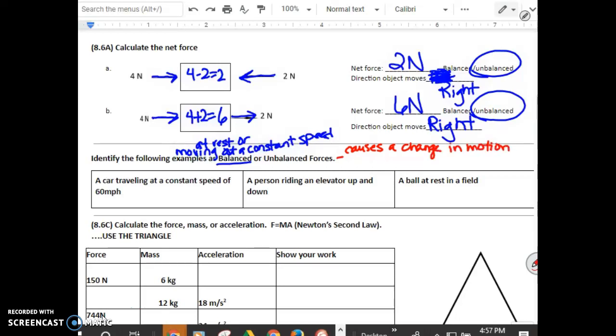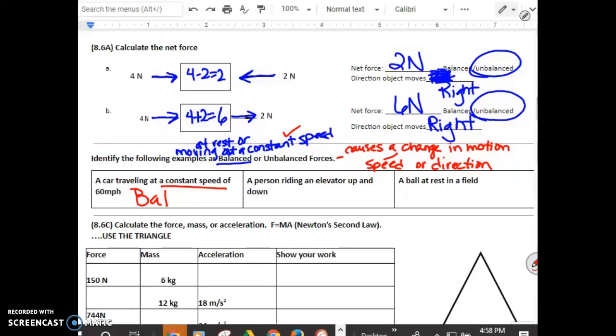A change in motion can be a change in speed or direction. So a car traveling at a constant speed of 60 miles per hour, there's my balance right there. As long as it's traveling at a constant speed, it's not causing a change in motion, so it is considered balanced.